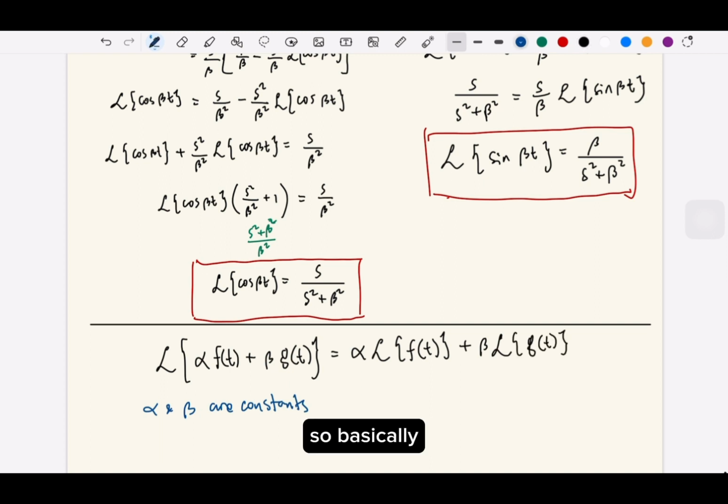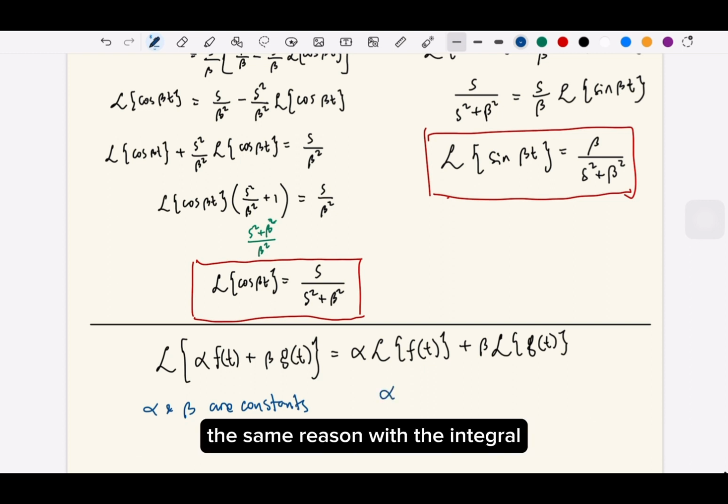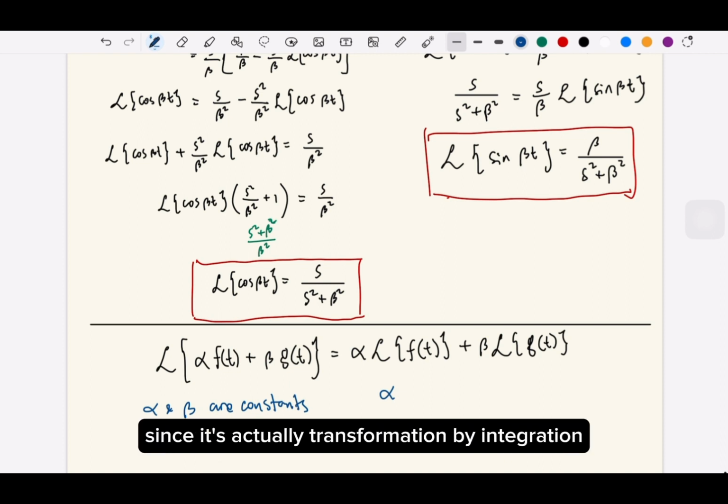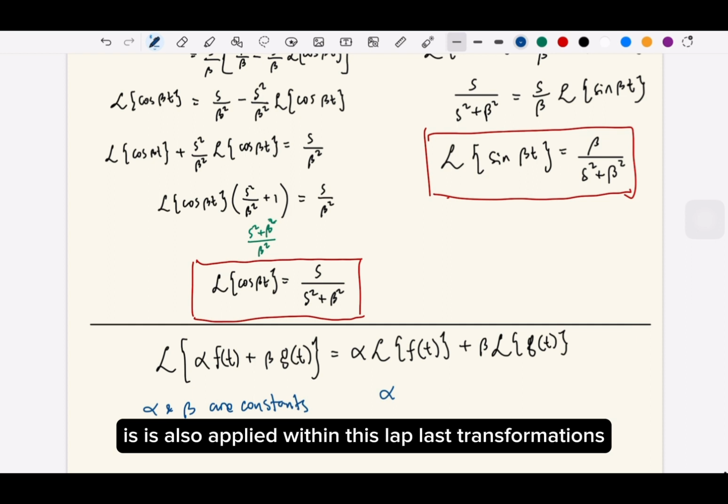So basically, we can see that this is actually the same reason as with the integral. You could think the Laplace, since it's actually a transformation by integration, so all the properties of the integral that we have learned before also apply to these Laplace transformations.